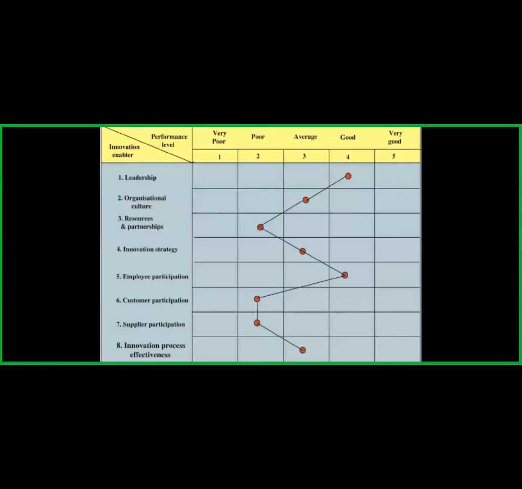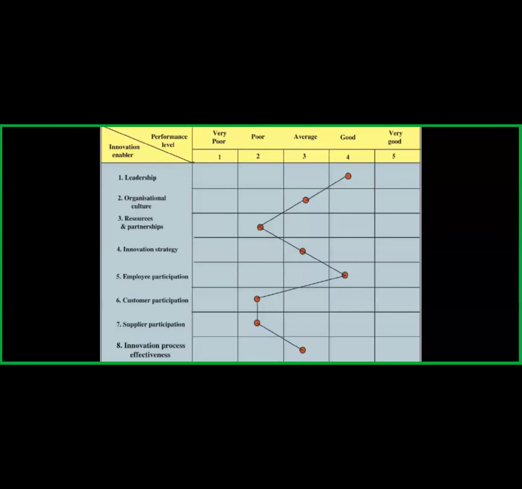Now here a graph is to be drawn where the parameters are also there: one indicates very poor, two indicates poor, three indicates average, four indicates good, and five indicates very good.